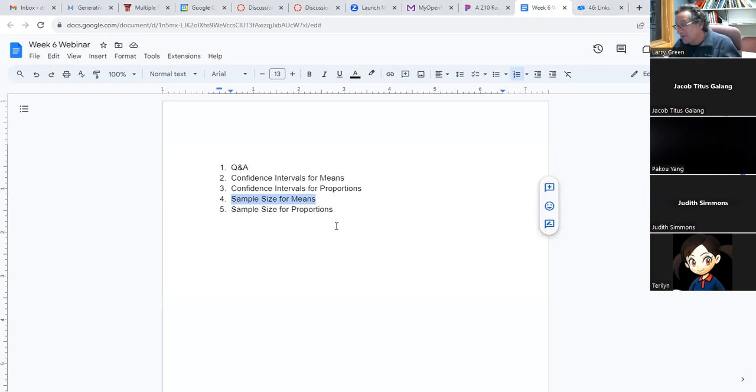You could use the normal distribution, but you don't have any good information. So we'll talk about how you come up with how big a sample size you need to get good enough information. Then we'll do the same thing with proportions, with the yes/no kind of question. That is the plan today.